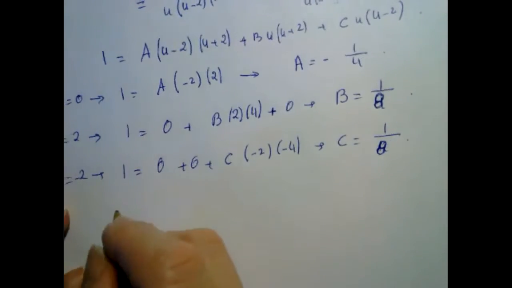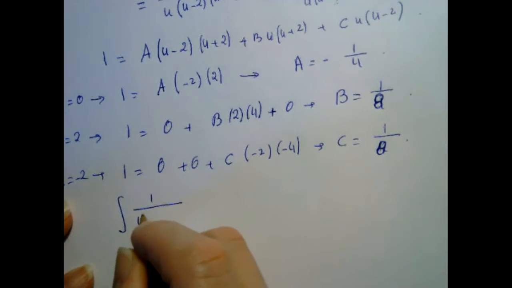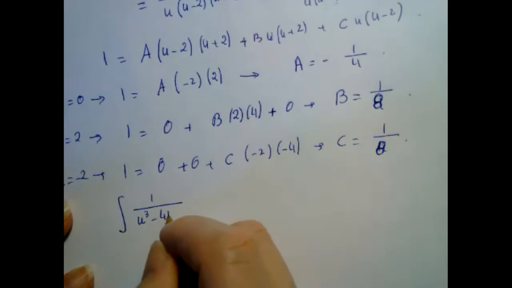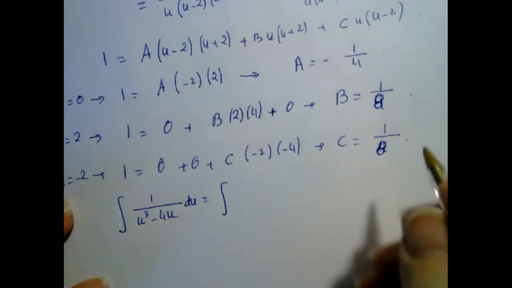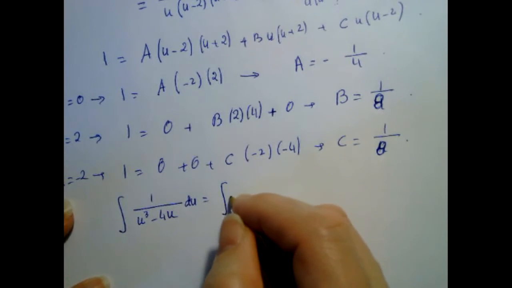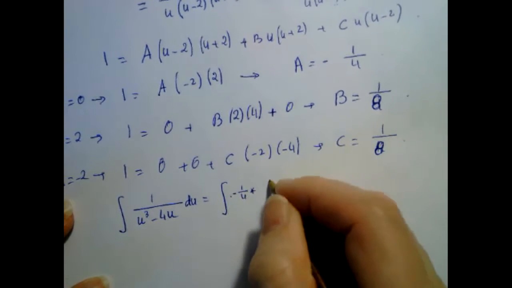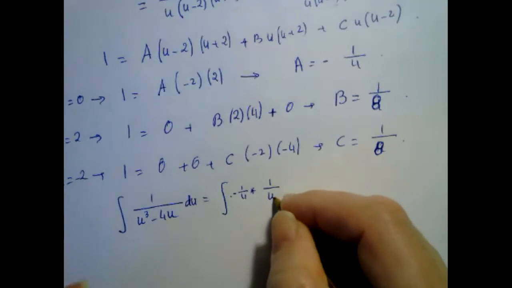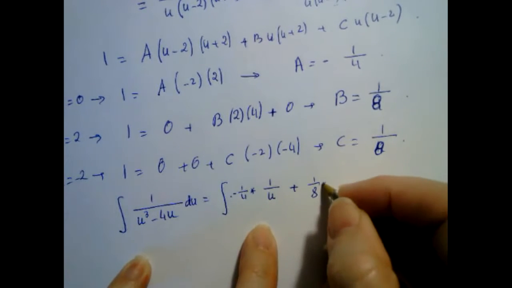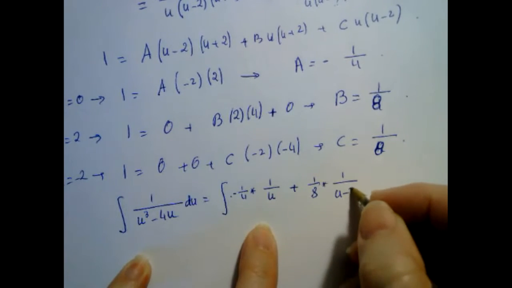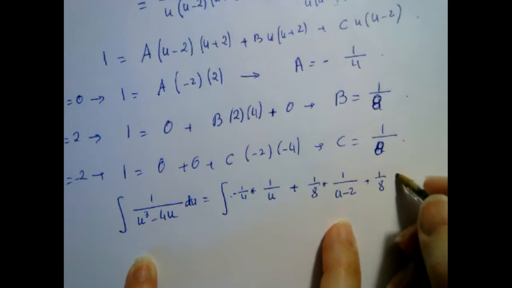So now let us just integrate. The expression 1 over u to the power 3 minus 4u du is the same as the following. A is minus 1 over 4 times 1 over u, and the B is 1 over 8 times 1 over u minus 2. I put the constant in front to make the math easy for me.